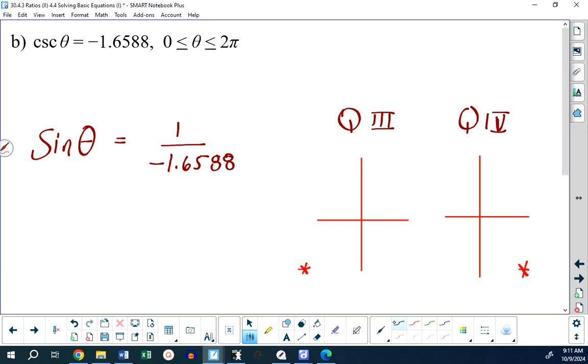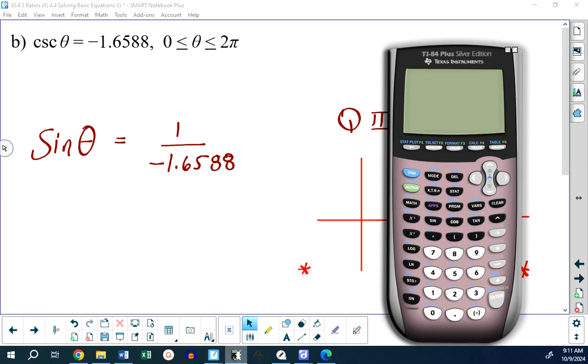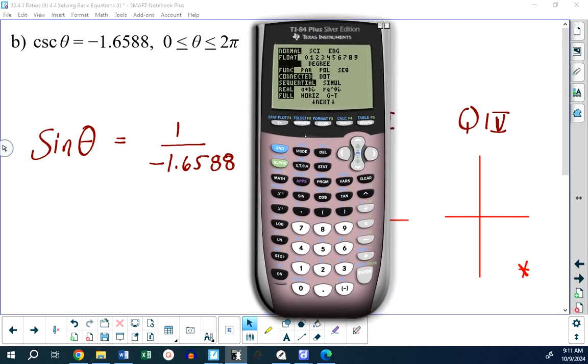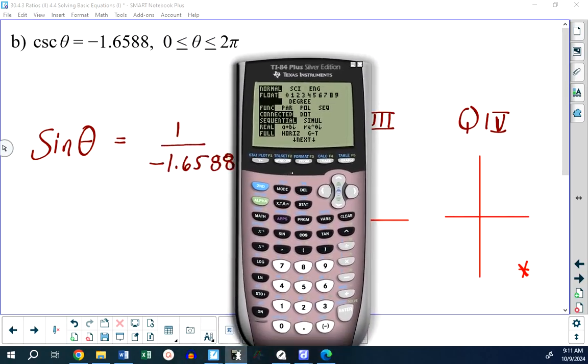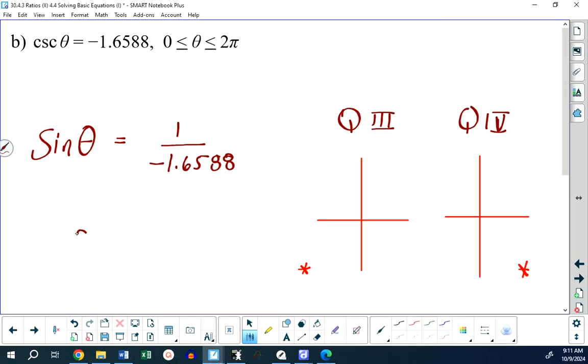But we want answers in radians. And this becomes a little problematic, but let's begin by putting our calculator into radian mode. And the reference angle, theta reference, will be equal to the inverse sine of whatever 1 over 1.6588 is.